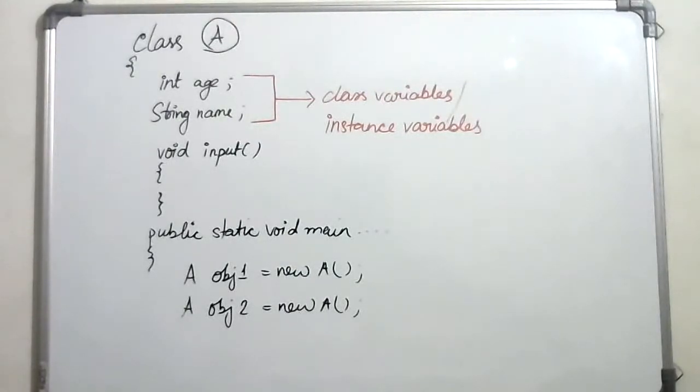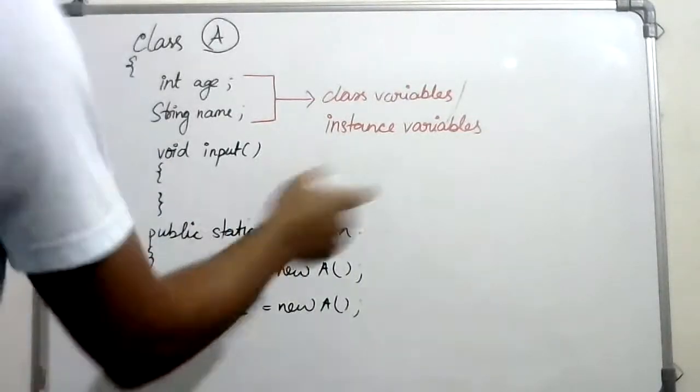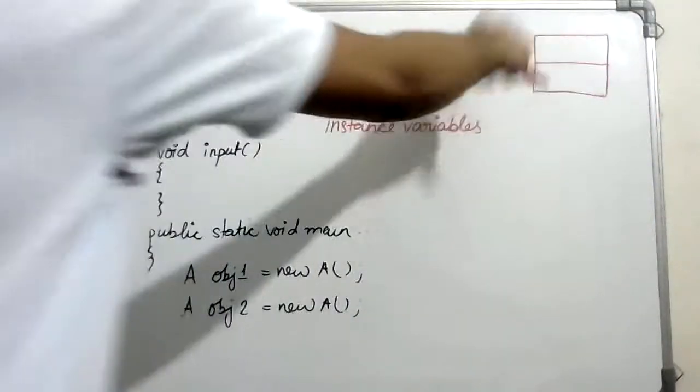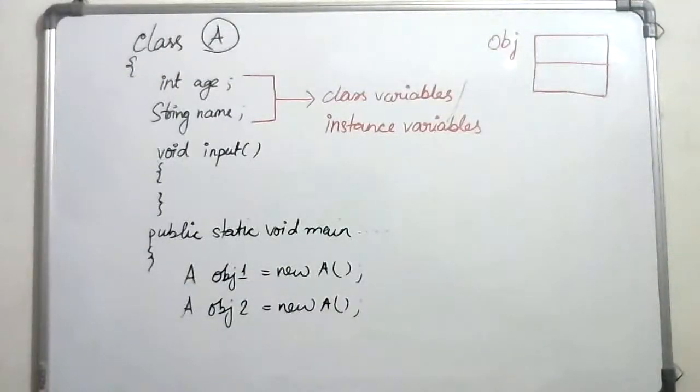Now why are the class variables called instance variables? Because if you look at memory, obj1 will have two variables, right? So this is the object obj1.